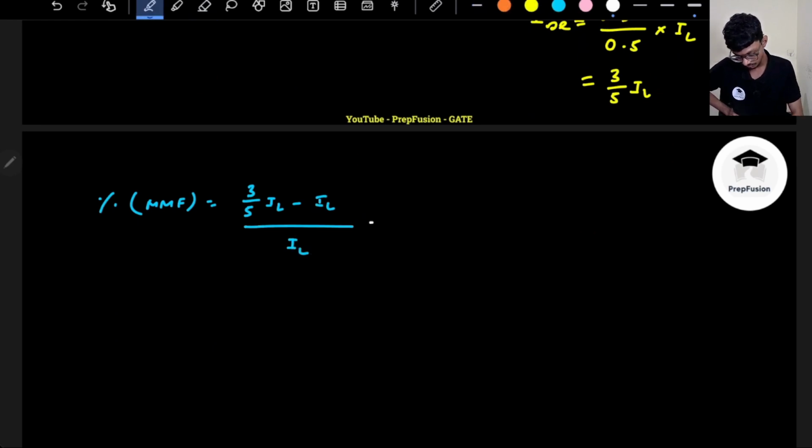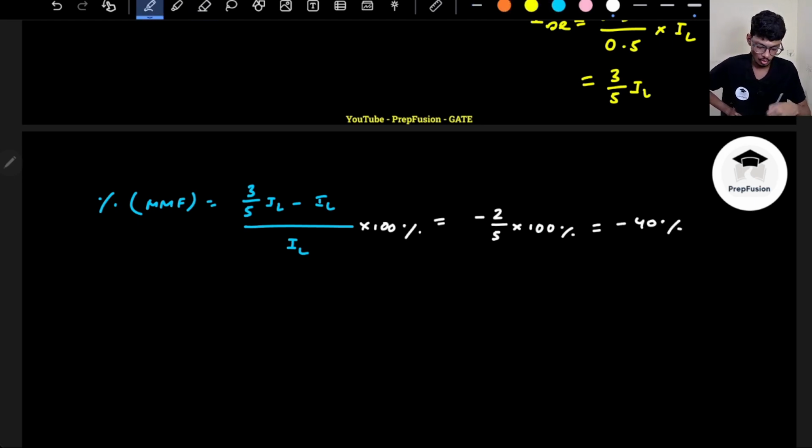So it will be equal to minus, into 100, percentage change they have asked, into 100 percentage. So this will be minus 2 by 5 into 100 percentage. This will be minus 40 percentage. So the new MMF will reduce by 40 percentage. Negative sign means reduction. Okay. So overall the MMF will reduce by 40%.